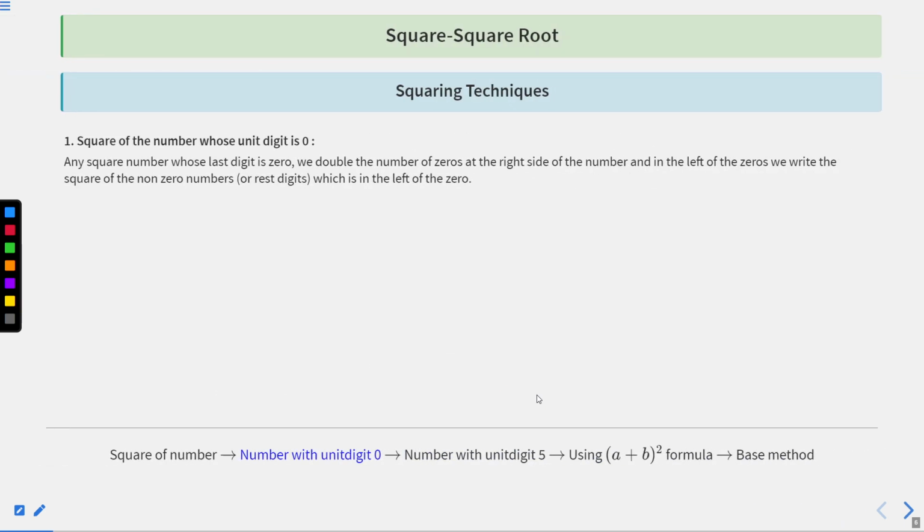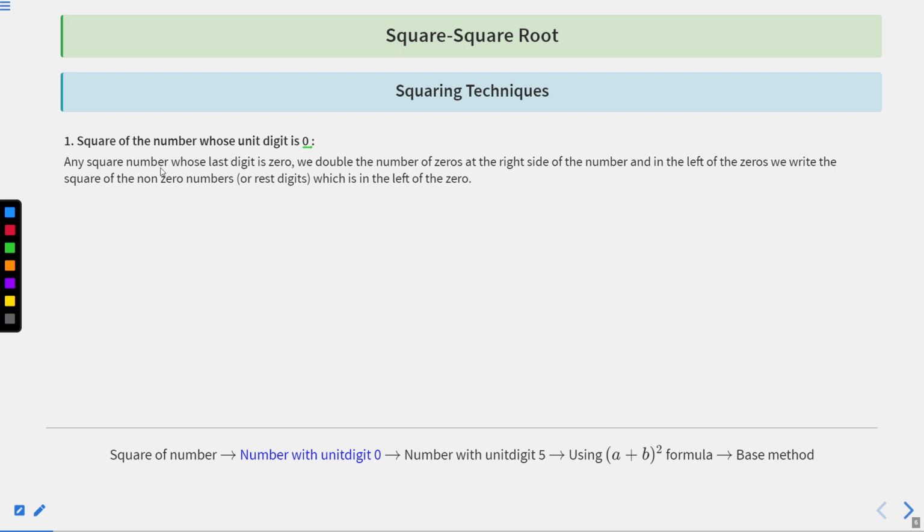So let us move ahead and study the square of a number whose unit digit is 0. If we have a number whose unit digit is 0, what technique should be used so that we can compute the square very fast?